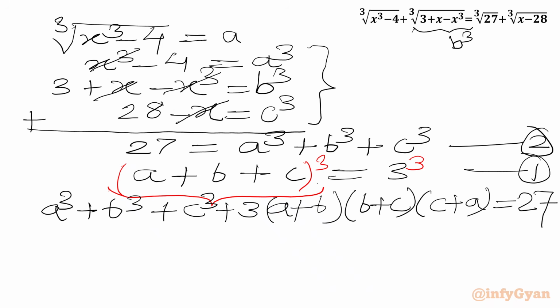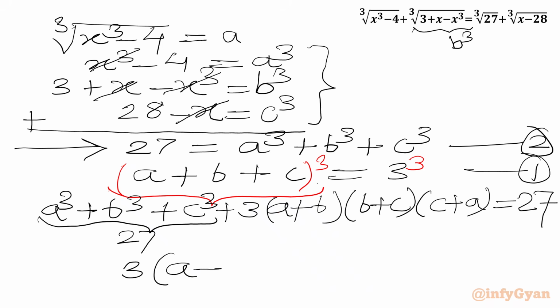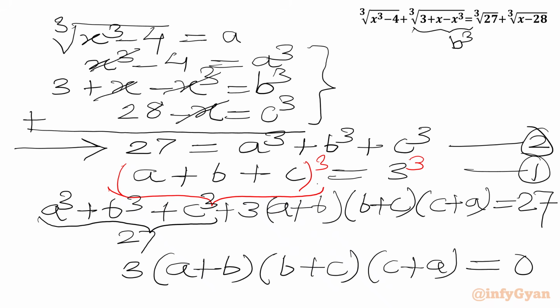Now from equation number 2, this is also 27. Now we will subtract 27 from both the sides. So we will get 3 times a plus b times b plus c times c plus a equal to 0.